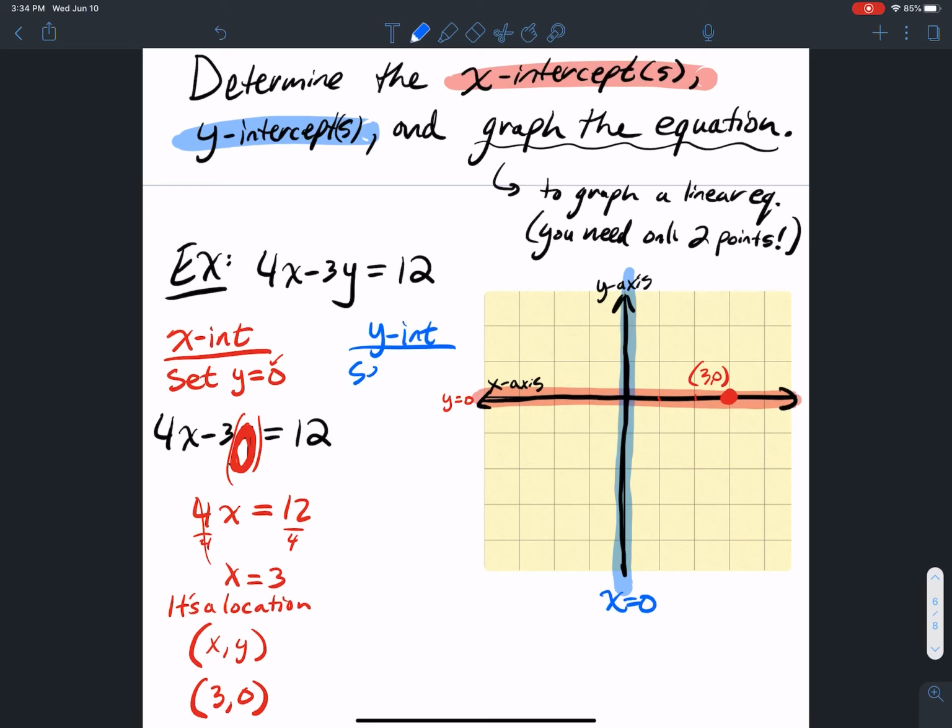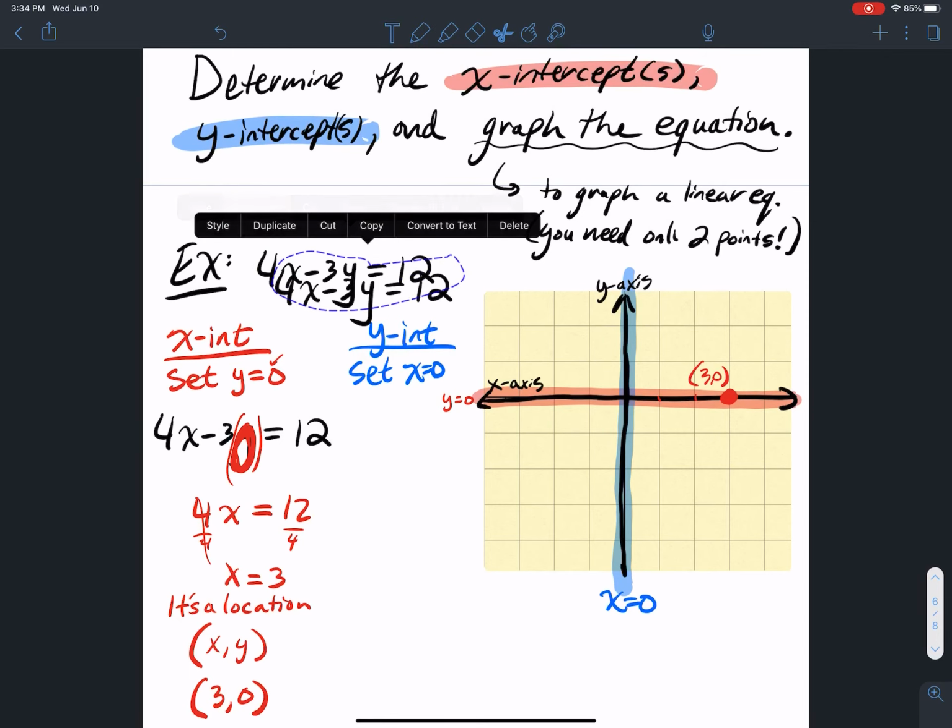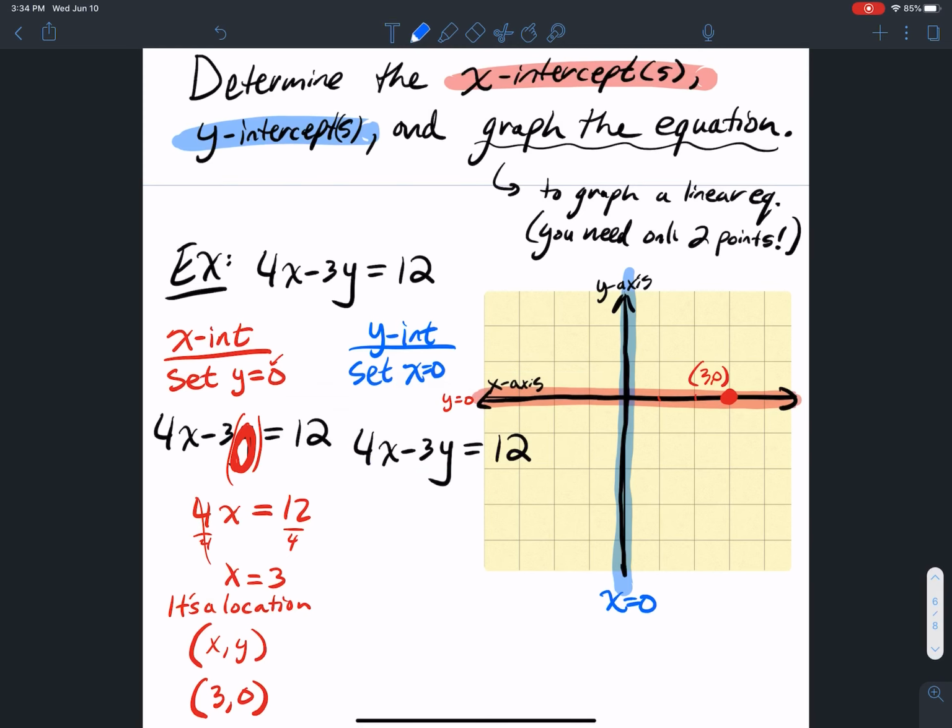So I set x equal to 0 here. And so what does that do? I take my equation here, and everywhere I see an x, I replace it with 0. So 0 times 4 is 0, so that gives me negative 3y equals 12. Divide by negative 3, I get y equals negative 4.